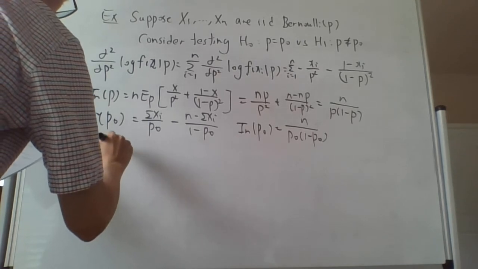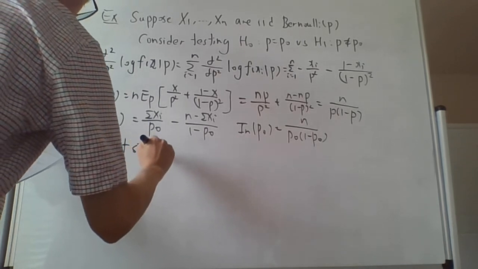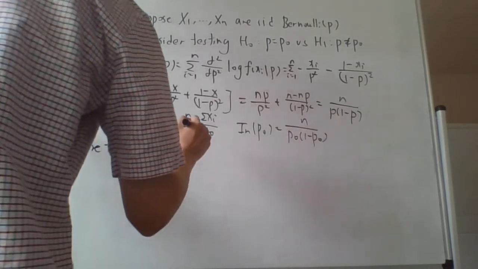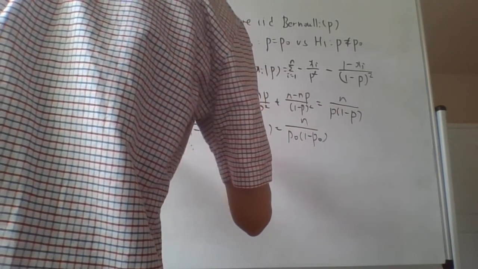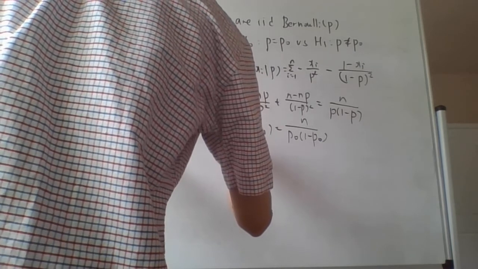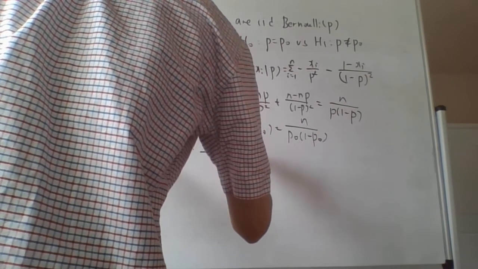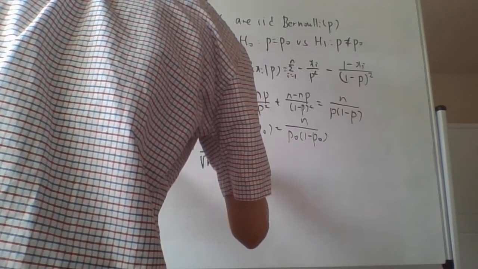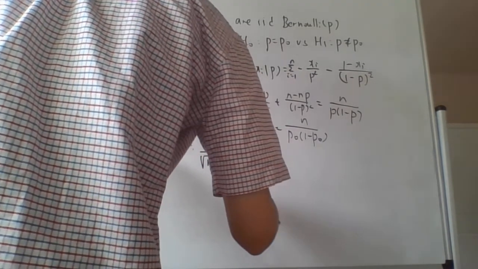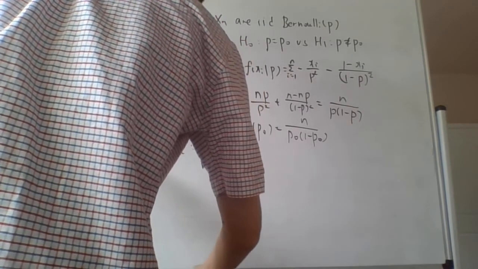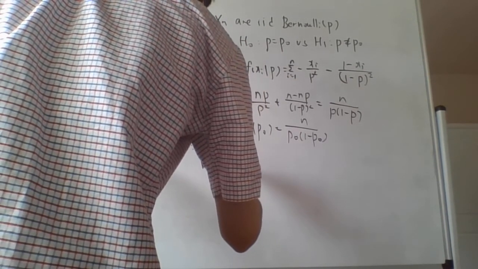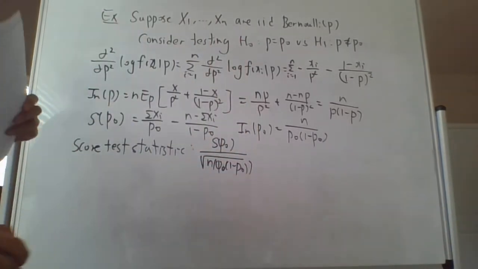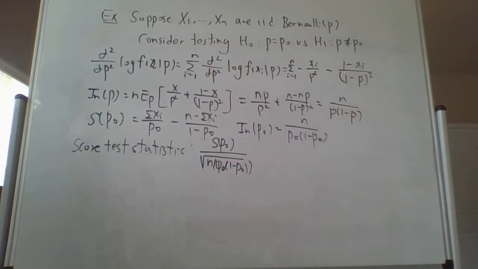The score test statistic is S(P0) divided by the square root of n divided by P0 times 1 minus P0, which is the information number for the entire sample.